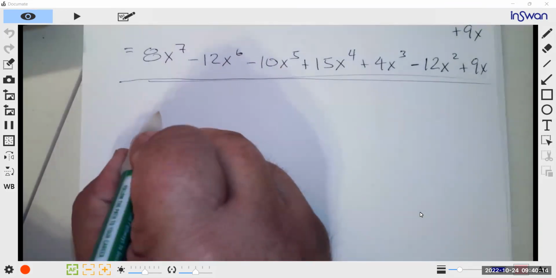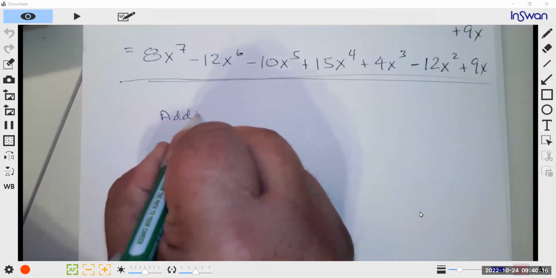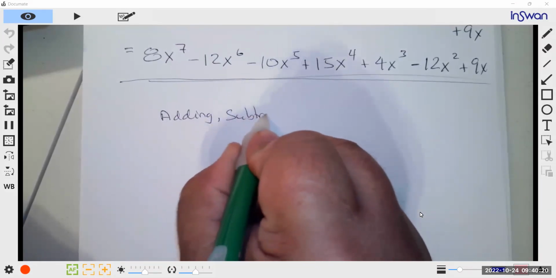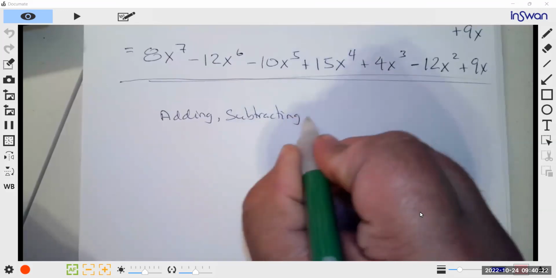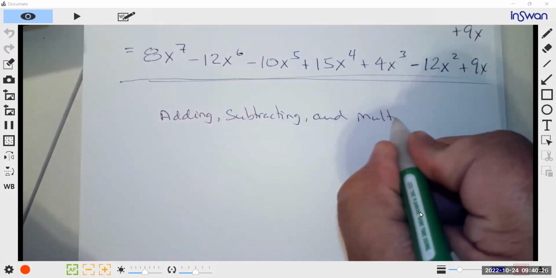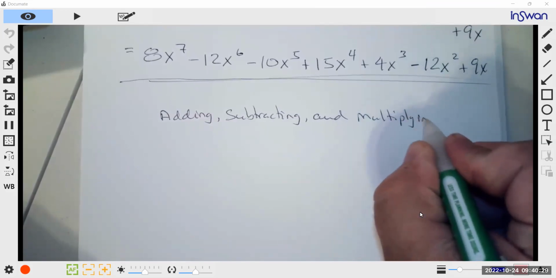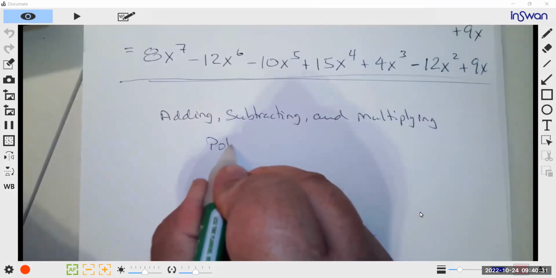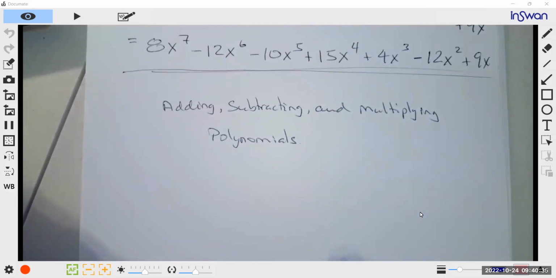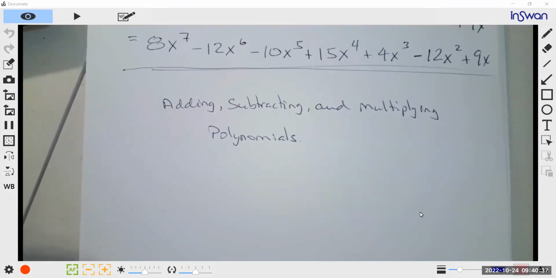So we talked about adding, subtracting, and multiplying polynomials. That's what we did so far.